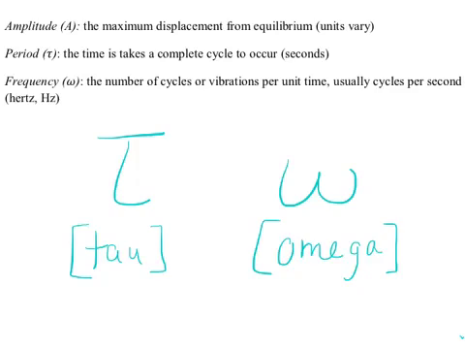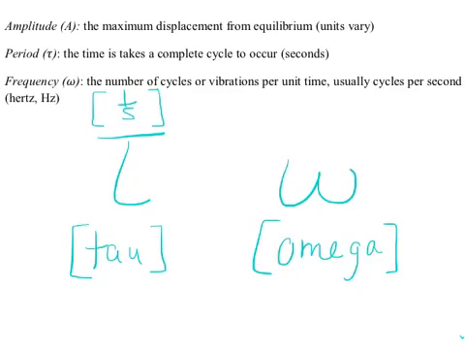Traditionally, we use cycles per second. So the units of hertz are really 1 over second. If you want to write that down, it's really 1 over second. And I'll show you in a minute where that comes from.